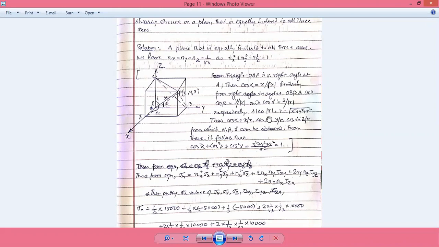And similarly, r is square root of x square plus y square plus z square. So cos alpha becomes x by r, cos beta y by r, cos gamma z by r, from which alpha, beta, gamma can be obtained.